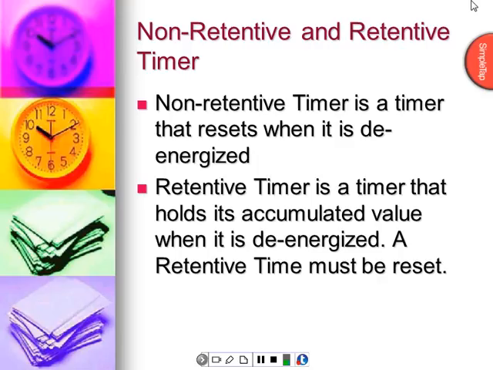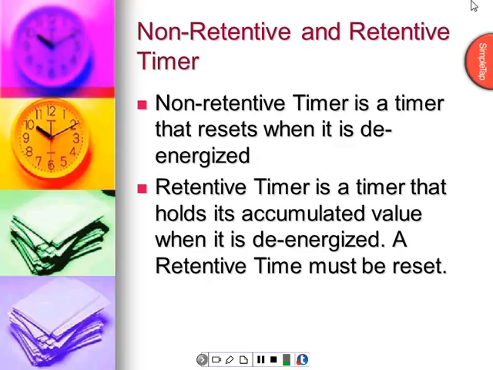It needs 30 minutes to heat up this oil before I want to turn on this motor, otherwise I might have a block of ice trying to go through there. If I do something and interrupt the timer and remove the enable, then when I turn that timer back on, it doesn't matter that it went to 29 minutes before I interrupted it. Guess what happens? It starts completely over with 0, and I got another 30 minutes.